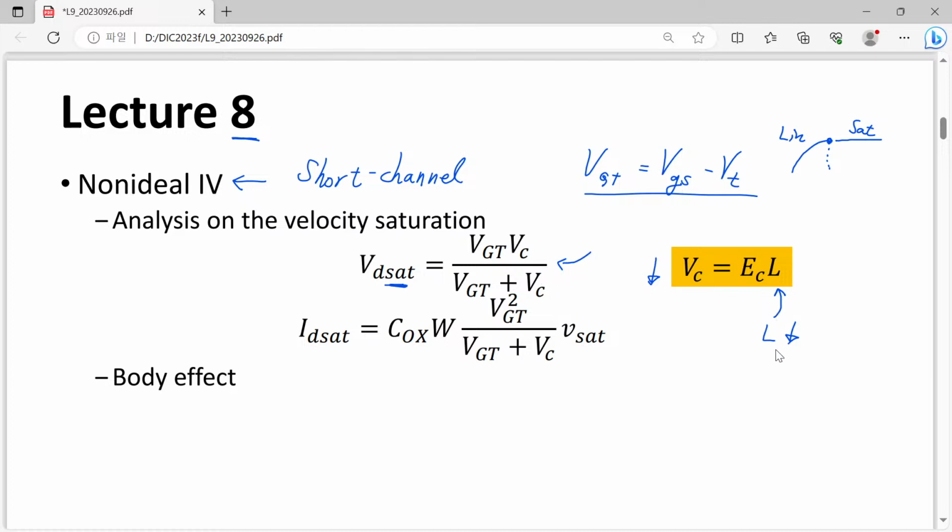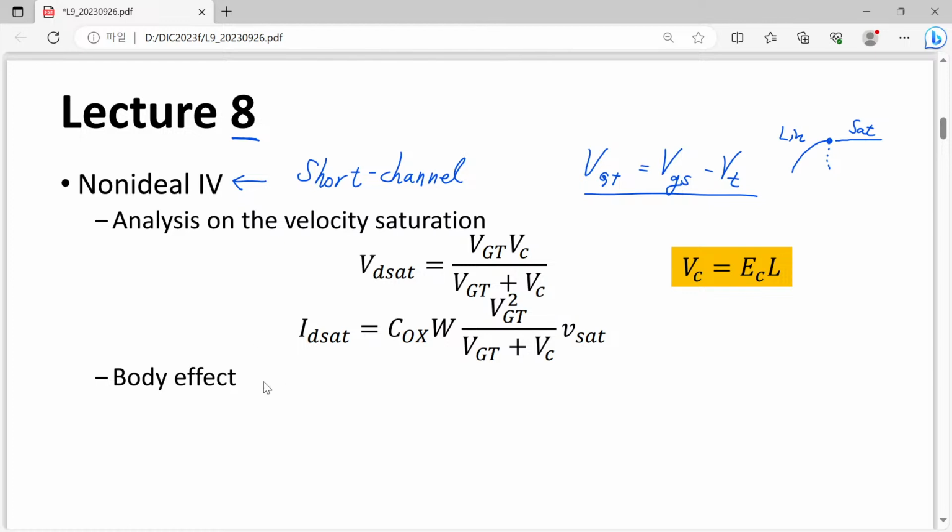So if we have a sufficiently short channel device, then the saturation voltage corresponds to our critical voltage. That was the situation we considered in our previous lecture, meaning that early saturation occurs due to velocity saturation.